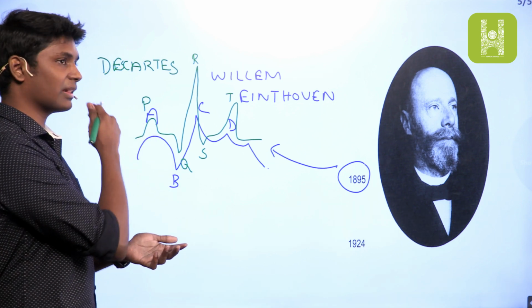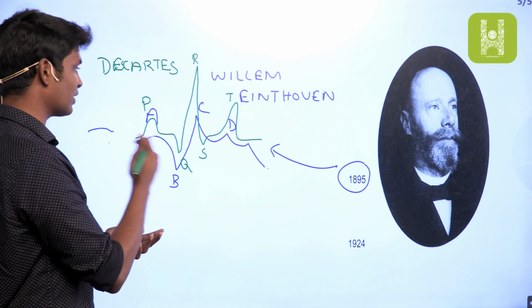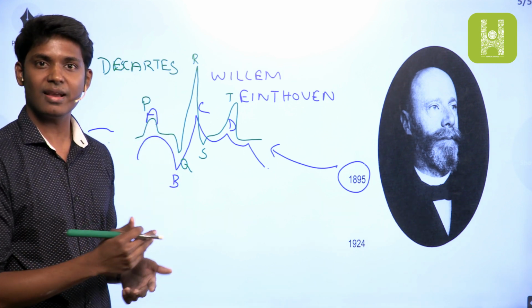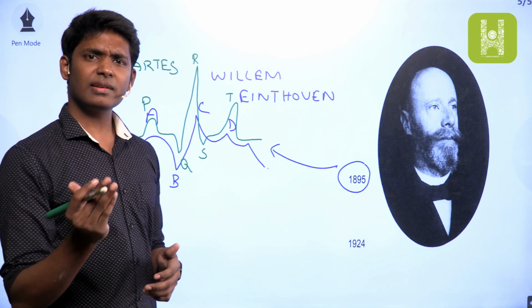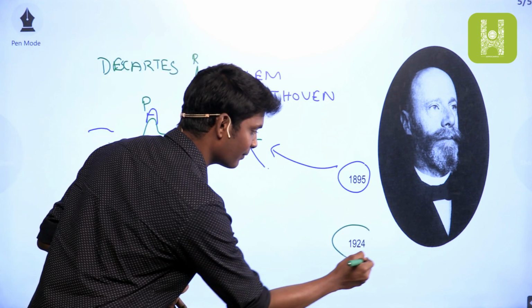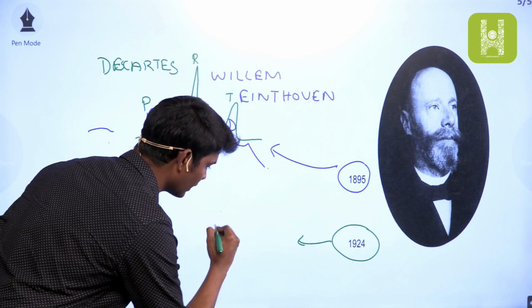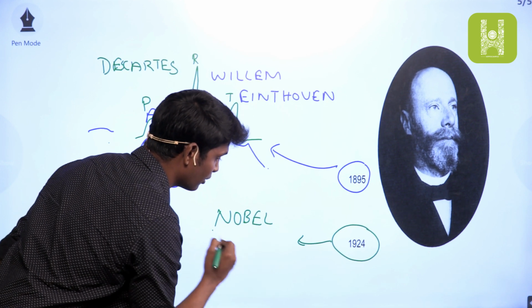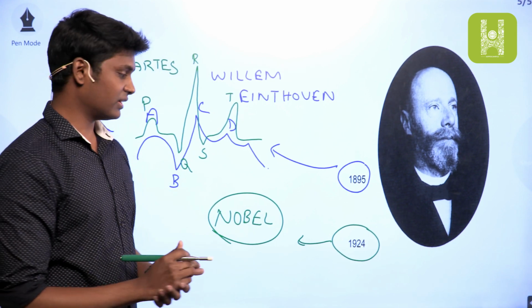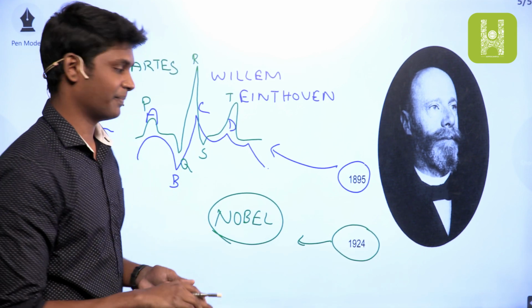So he was inspired by that particular scientist and named the new tracing as P, Q, R, S, and T, which we use till now conventionally. And for all these contributions he made, he was awarded the Nobel Prize in Physiology in 1924.